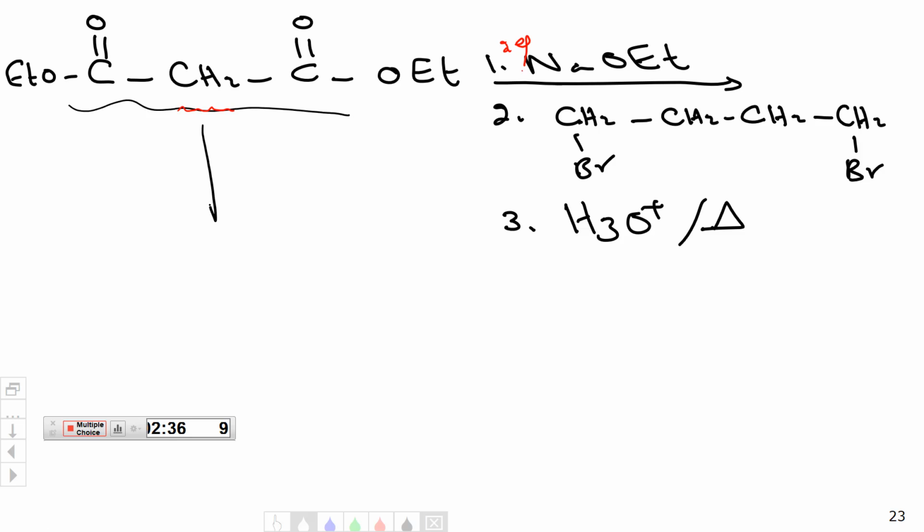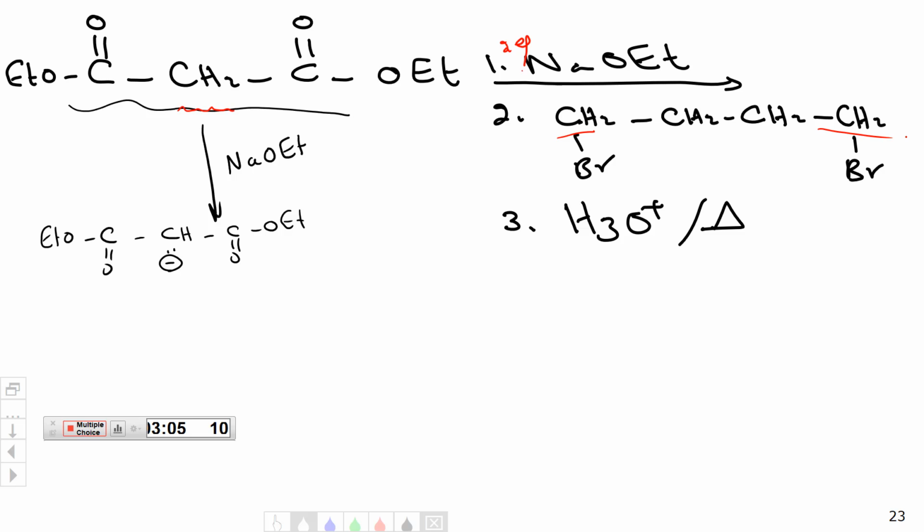Okay, so starting with the sodium ethoxide, with the first equivalent, what's going to happen is the very typical step, the deprotonation of the alpha carbon, which is the most acidic. So we're going to end up with the carbanion there. Now, the only difference about this alkyl halide from any other case is that it is a dihalide.